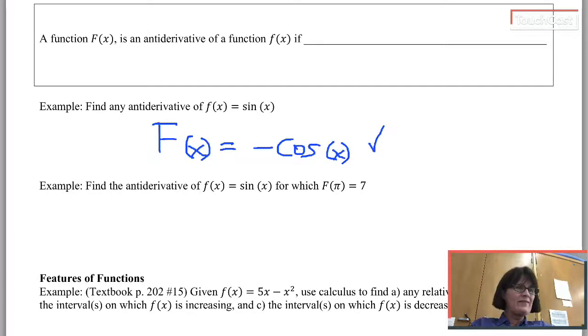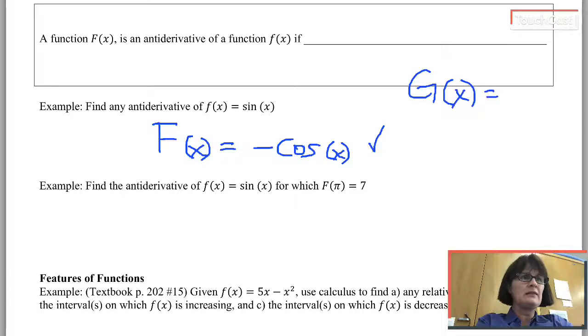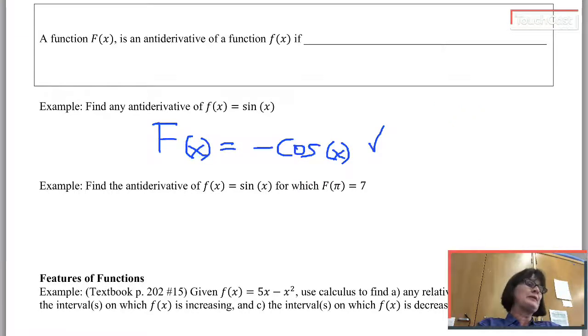Well, we have this other rule too, which is that to take the derivative of a constant, I get 0. So that tells me that I could have picked any number of functions. I could have said the antiderivative is negative cosine of x plus 7, or negative cosine of x plus 9, or negative cosine of x minus 5.5.